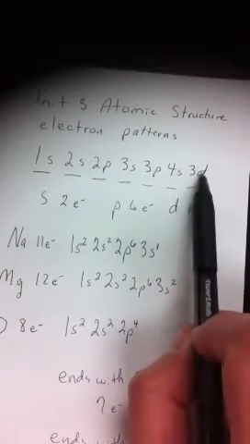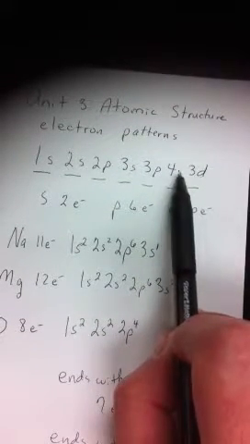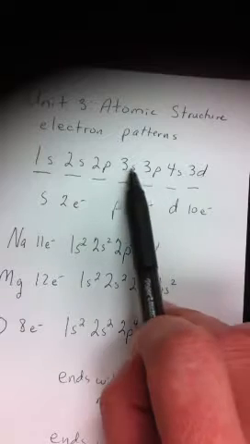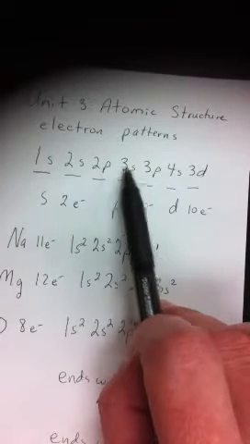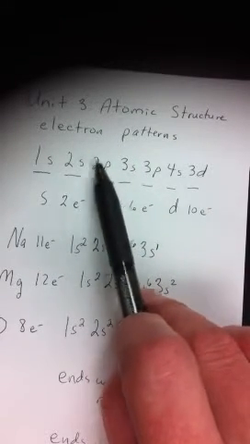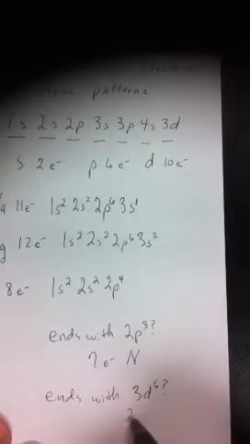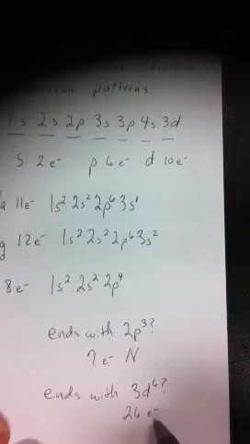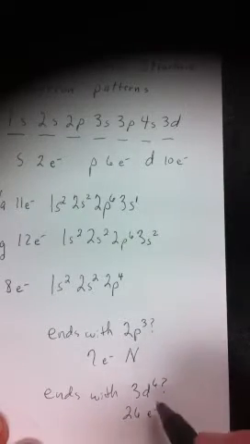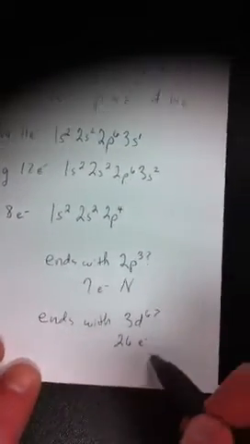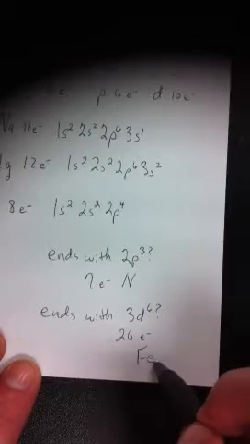So if it ends with 6, that's going to be 6 in here, 2 is 8, 6 is 14, 2 is 16, 6 is 22, 2 is 24, 2 is 26 electrons. If you look on the periodic table, 26 corresponds to good old iron.